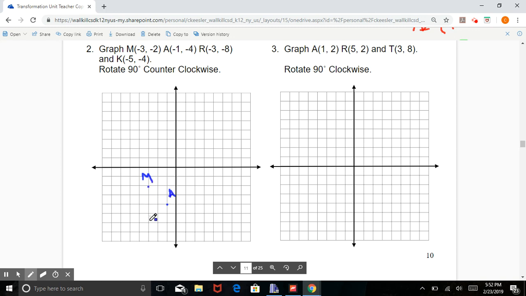R is at -3, -8. And K is at -5, -4, giving us a kite-like shape or a rhombus. Go ahead and take your straight edge and neatly draw your shape.